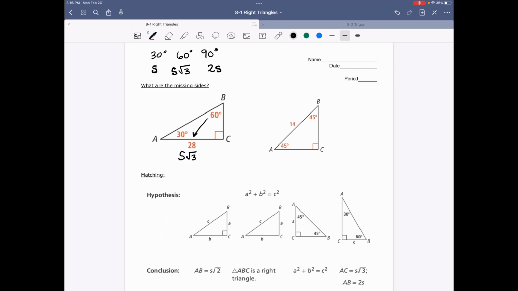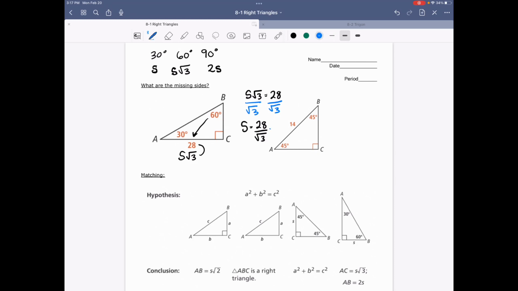So how can we figure out what S equals if it equals 28? All right, so S root 3 equals 28. Well, to solve for S, we have to divide by root 3 because it will cancel that, leaving us with just S. So S equals 28 over root 3, and then we have to rationalize this.